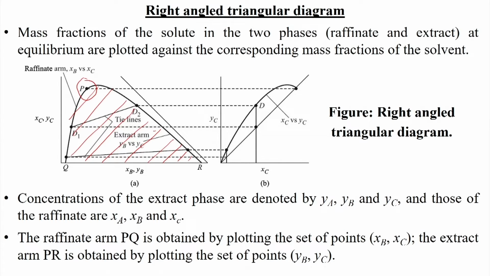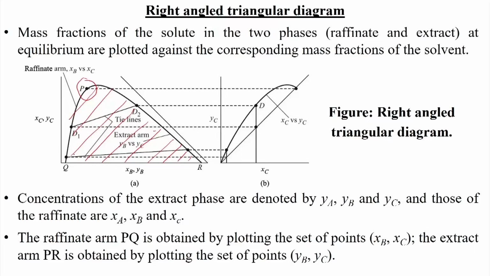The mass fractions of the solute in the two phases, the raffinate and extract at equilibrium, are plotted against the corresponding mass fraction of the solvent. So from this right angle triangular diagram we will be able to get the equilibrium values of XC and YC. How we will be drawing this, we are discussing in detail.